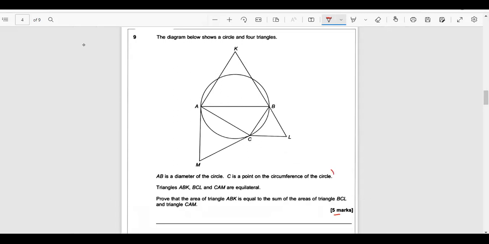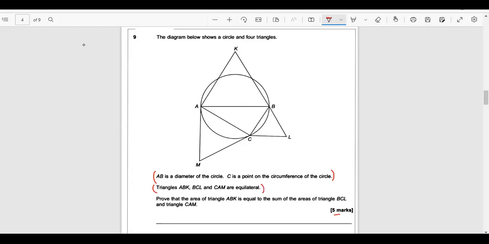Now this line is extremely important, and it was obvious as well, but the fact that they are writing it down means it has something to do with the solution. The triangle ABK, BCL, and CAM are equilateral. Another important piece of information, since they are sharing it, that was not obvious, so it means this would be used as well.